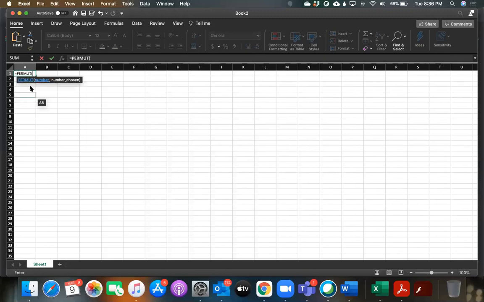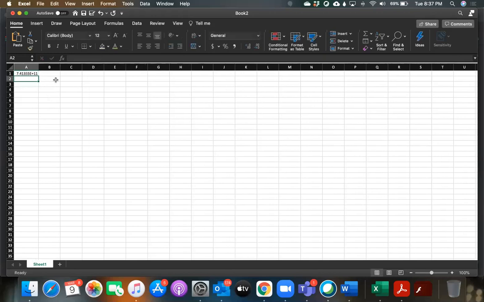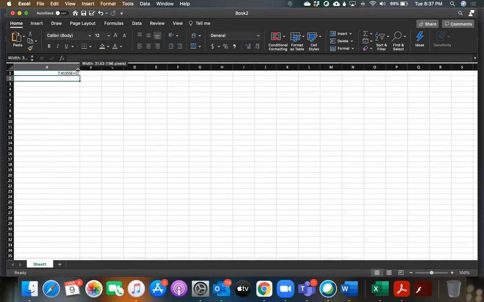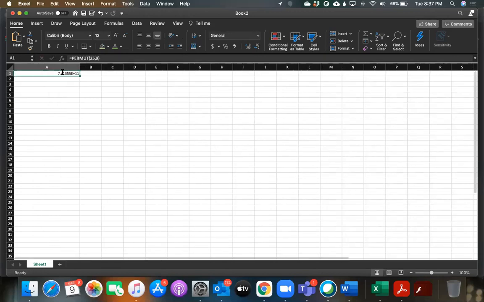You see how it says the number? So I'm using PERMUT. Number would be 25. Number chosen is your r, that's 9. There you go. Can't see it because it's such a big number, but it's to the 11th. So to the 11th means you have 7.41355. It's a really big number, is what that's saying.